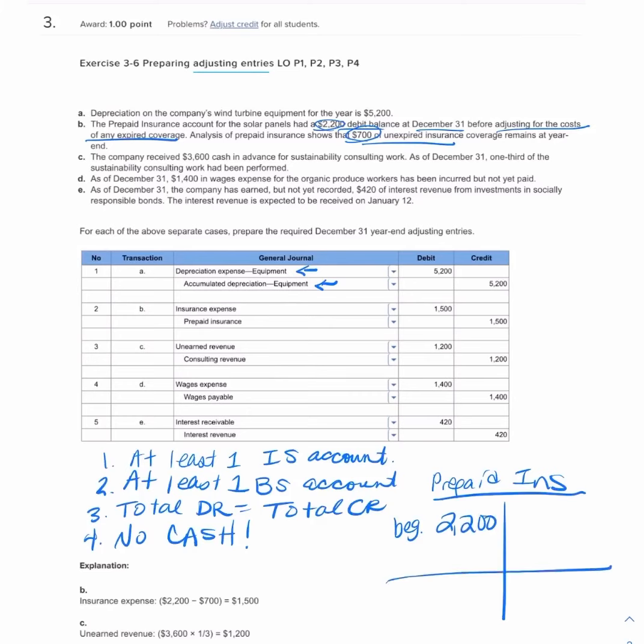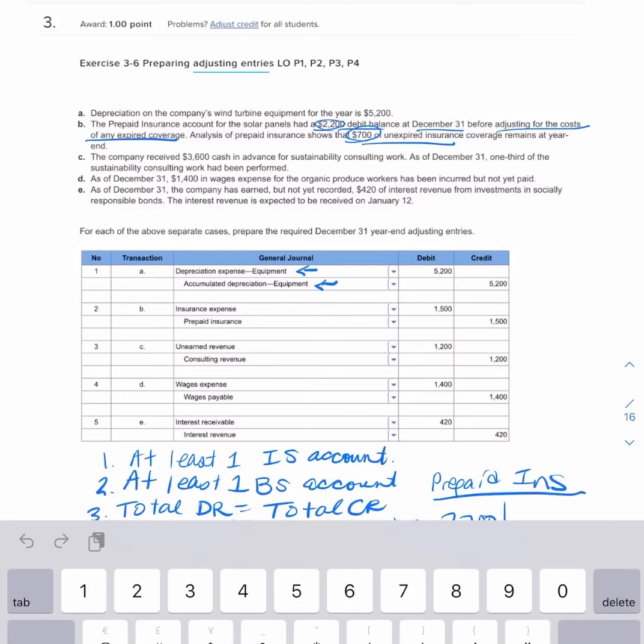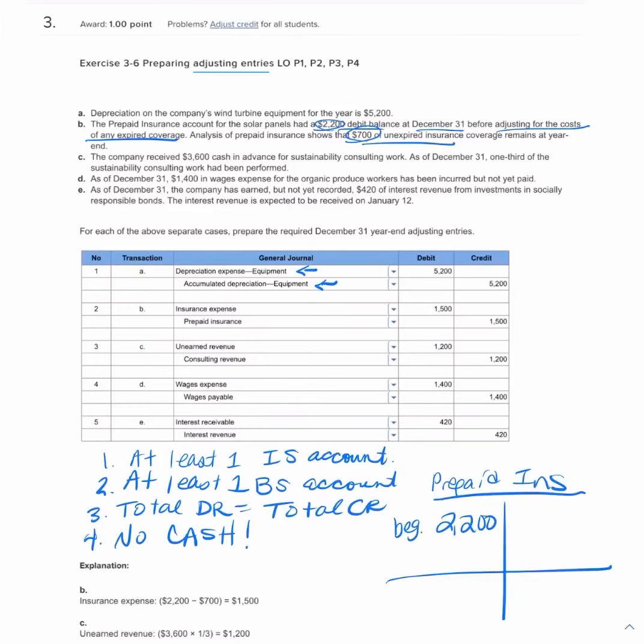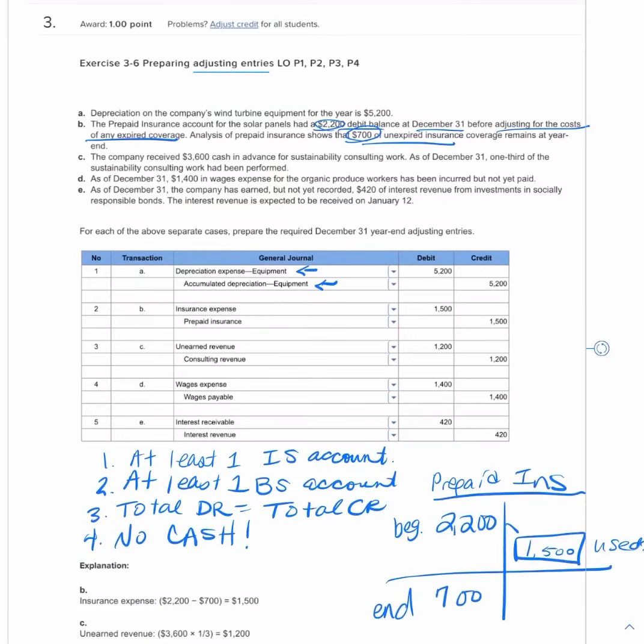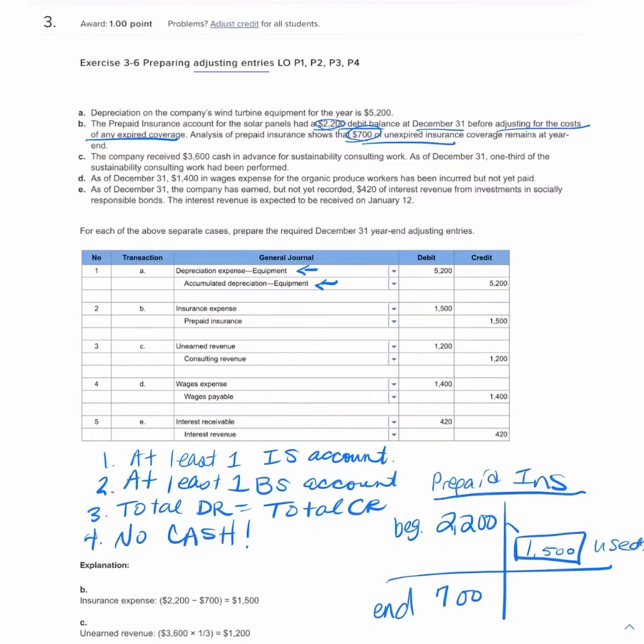It tells me at the end of the year we had $700 of unexpired coverage. So this is my ending. So how much was used? 1,500. So if I take 2,200 minus my 1,500, then I will see that what is left is, of course, this $700 in my ending balance.